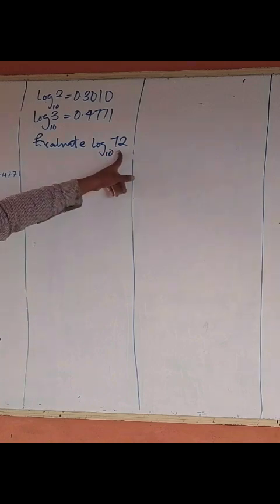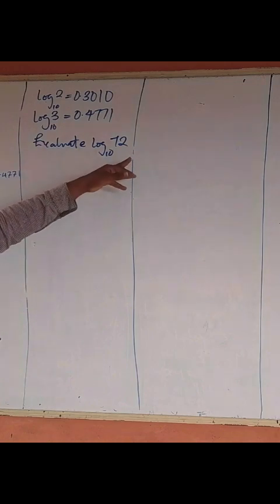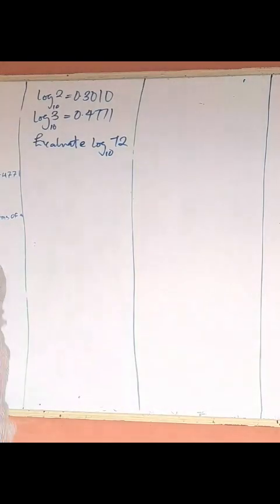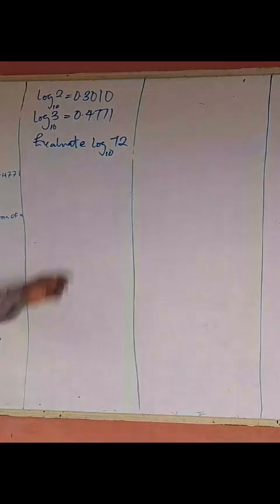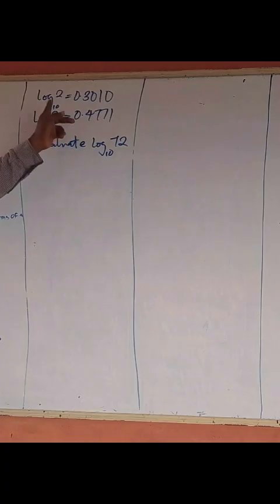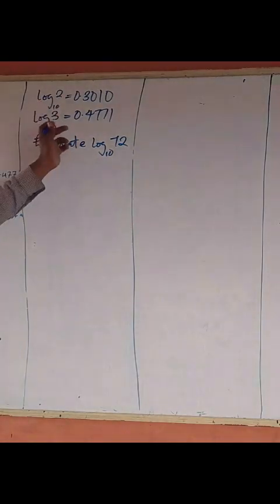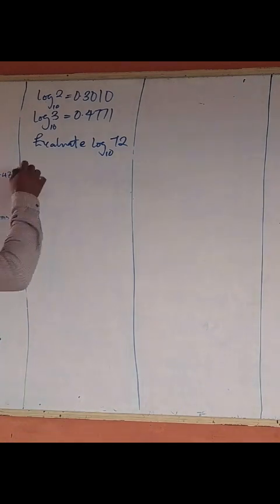What are the factors of 72? 9 times 8. 9 has base 3, while 8 has base 2. So that's your work: break it down so that you have 2 and 3.